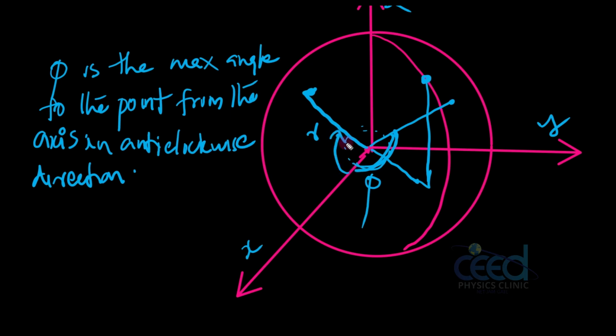You have to take it in the anti-clockwise direction. That is the definition. So you have to take phi like this. If it is here, it can come like this, so that means it is near 2 pi. So phi can take a maximum value of 2 pi.